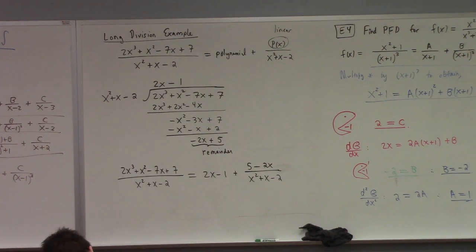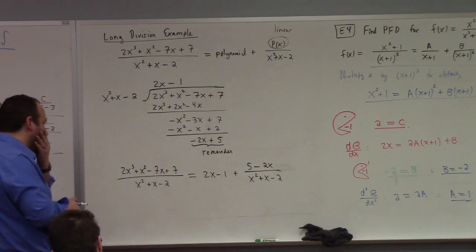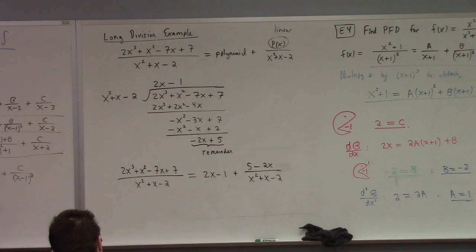And then we could integrate that? Well, actually, not yet. What would we have to do on the proper rational part? Factor it. Does that factor? I think that's x plus 2 times x minus 1. So that would be like example 1.